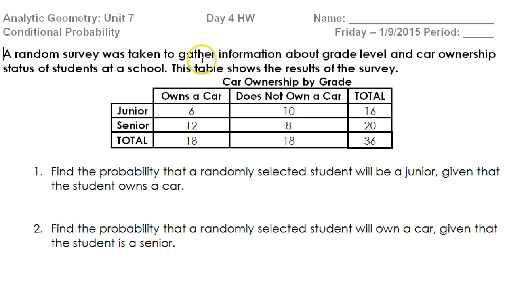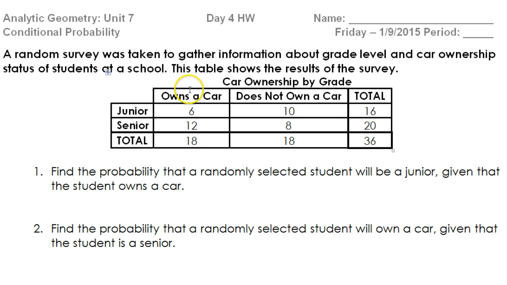A random survey was taken to gather information about grade level and car ownership status of students at a school. This table shows the results of the survey. So we have car ownership by grade. In this row we have juniors, seniors, and then the totals.